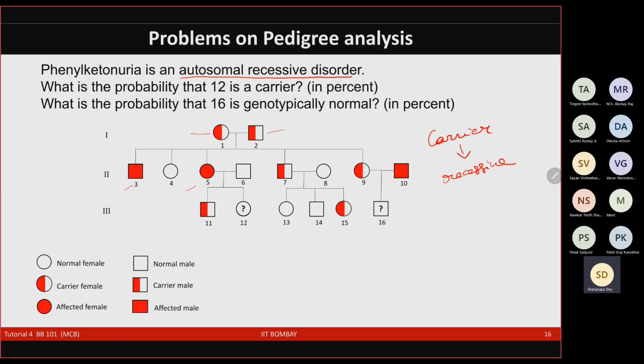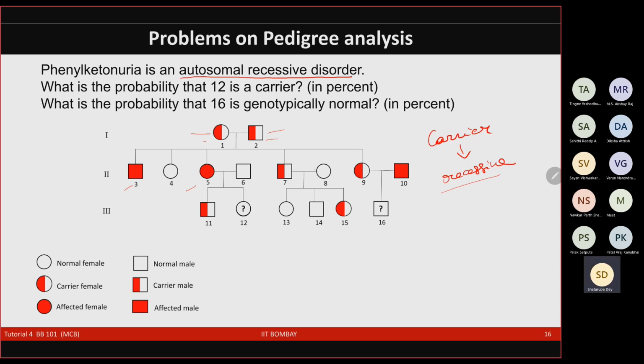If the gene is recessive, it means that if the person has one normal gene and one recessive gene, the person can transmit that recessive gene to the next generation. So that person acts as a carrier. So whenever you're seeing carriers like this, automatically it means it's recessive. So just by looking at the first generation, you can make out that this is autosomal recessive.